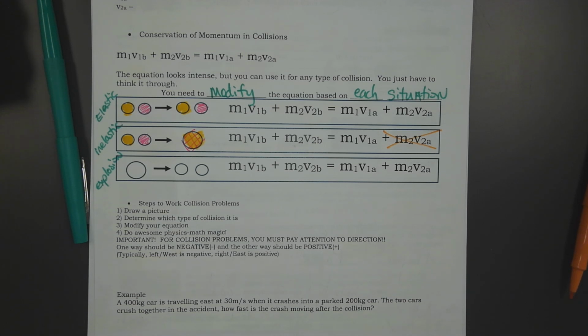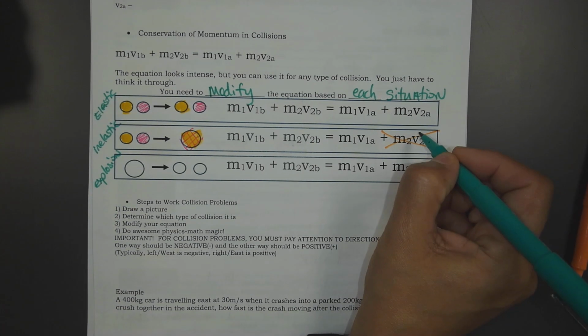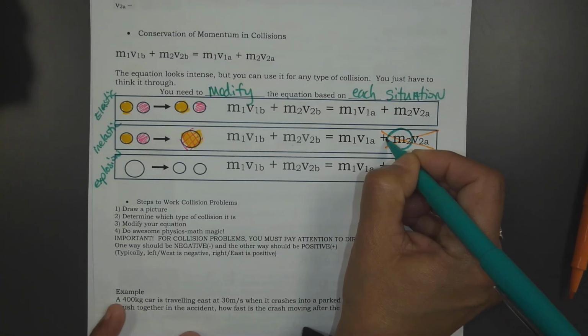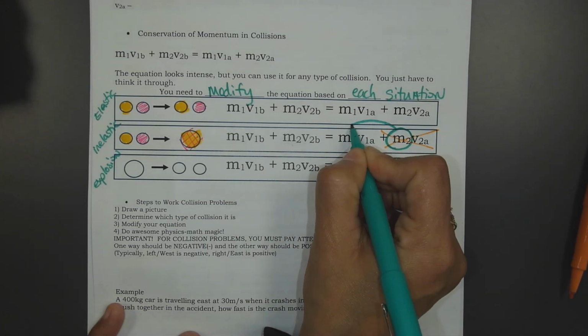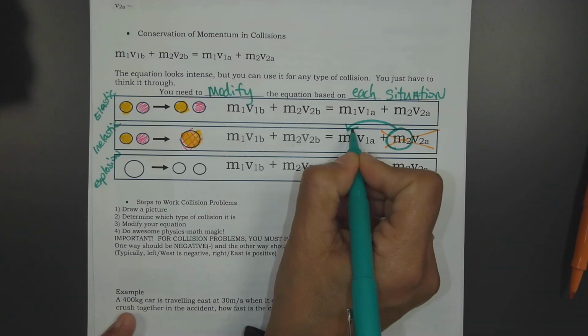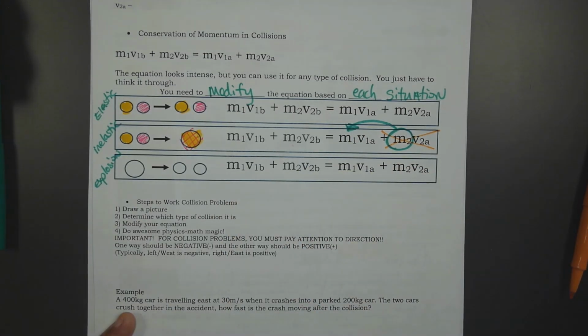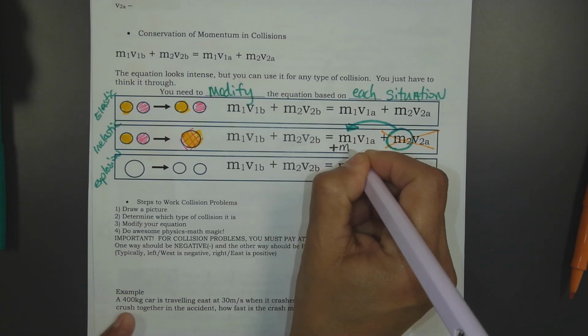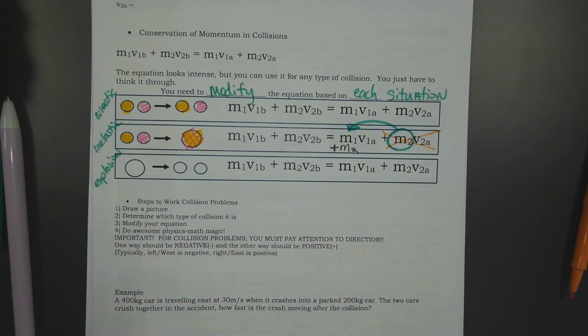And since it does not work that way, this mass does not just poof, go away. I'm going to have to bring this mass over to this part of the equation, and I'm going to say plus M2. I will add them together, okay?